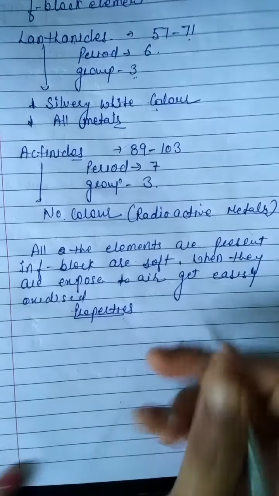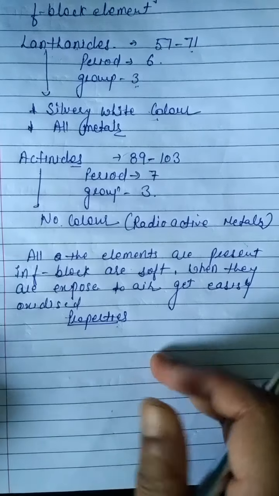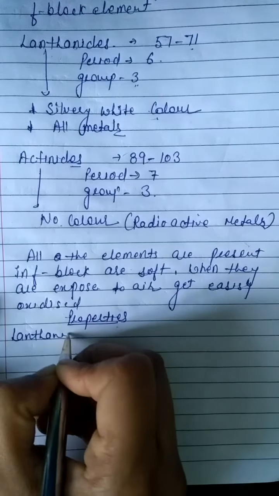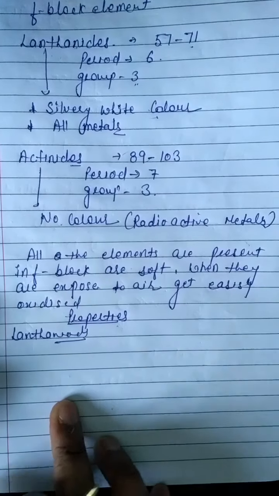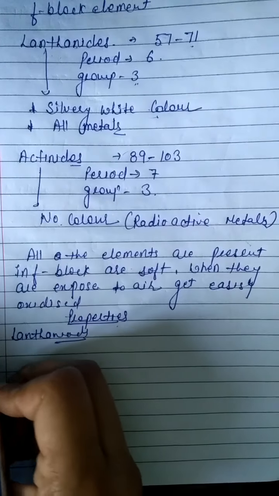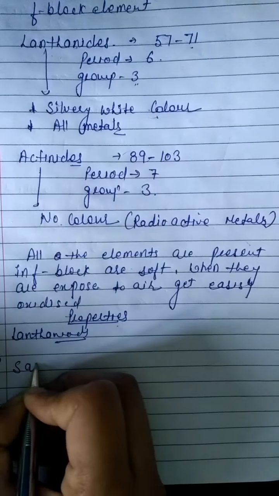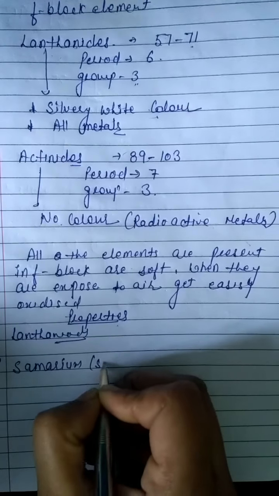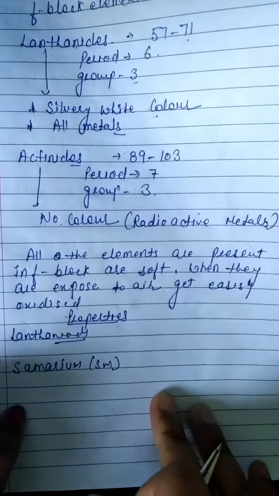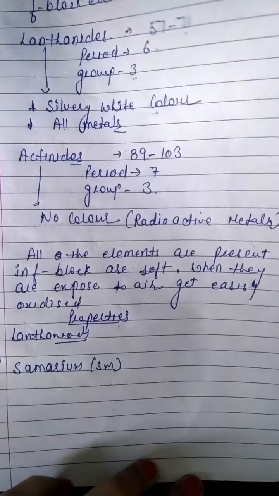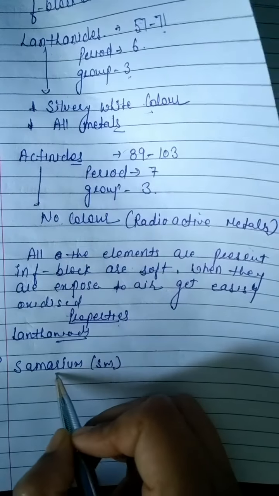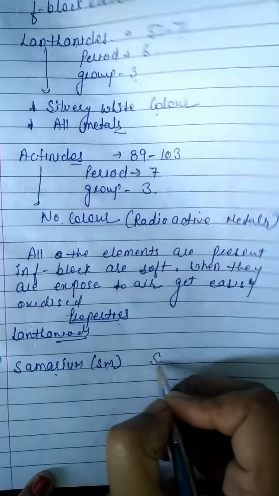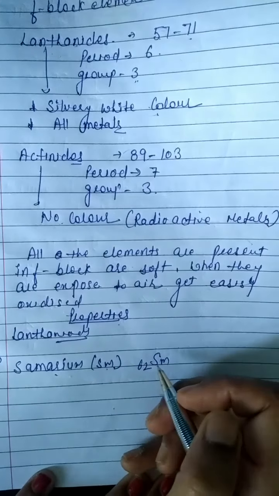Next, about the properties of the F block. Firstly, we have the properties of a lanthanoid. First is samarium. The symbol is Sm and the atomic number is 62.